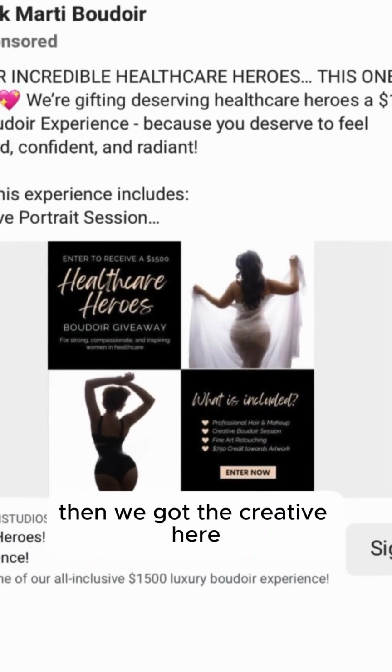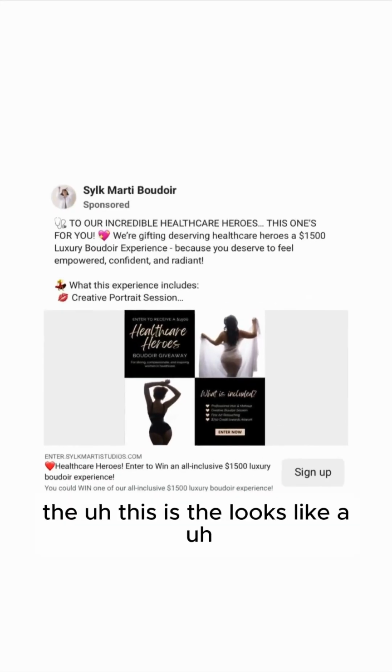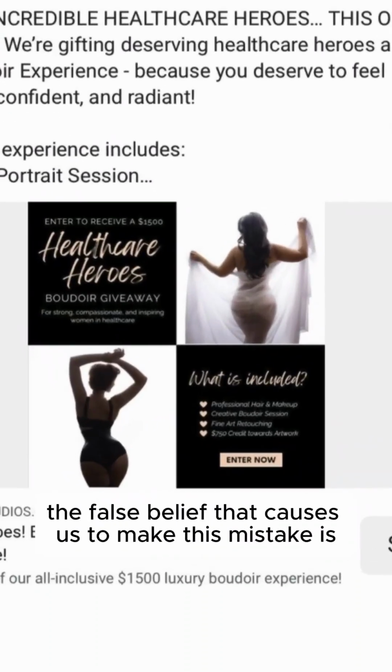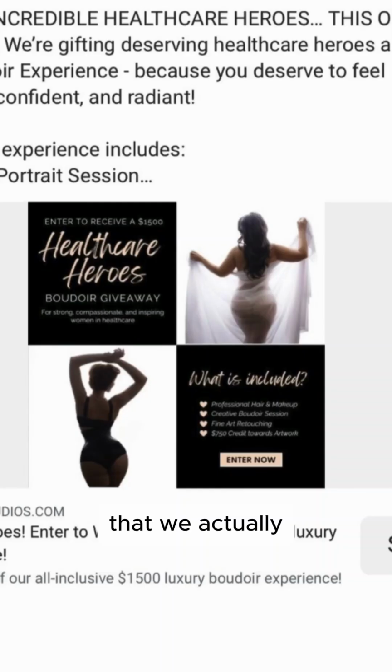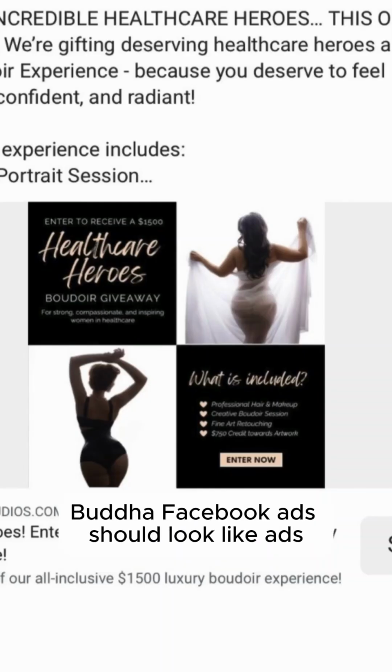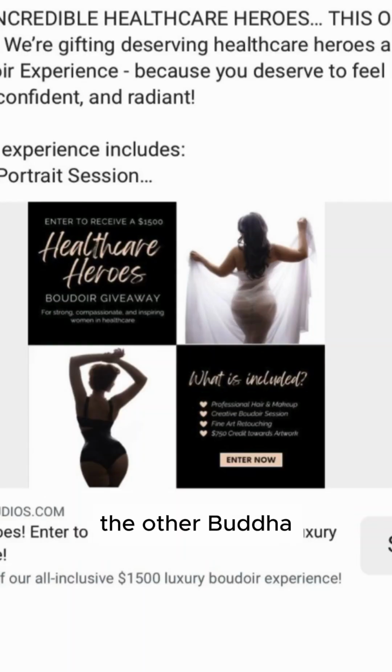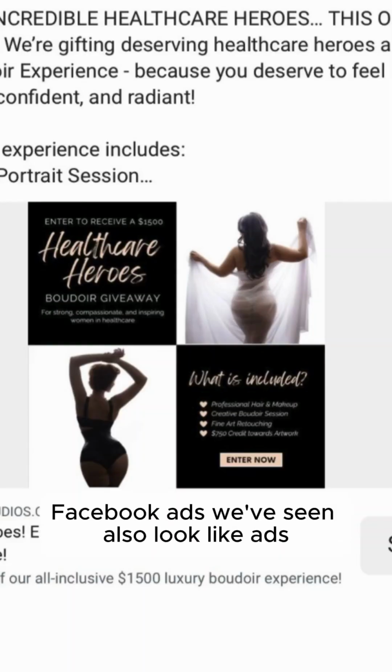Then we got the creative here. This looks like an ad mistake. The false belief that causes us to make this mistake is that we actually believe our Boudoir Facebook ads should look like ads because the ads we've seen on Facebook look like ads. The other Boudoir Facebook ads we've seen also look like ads.